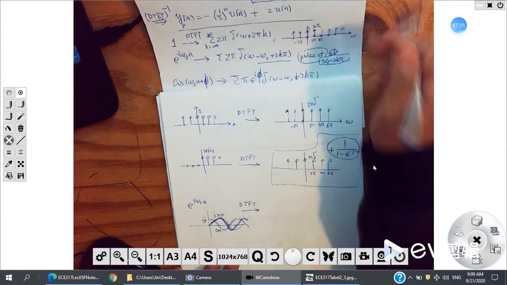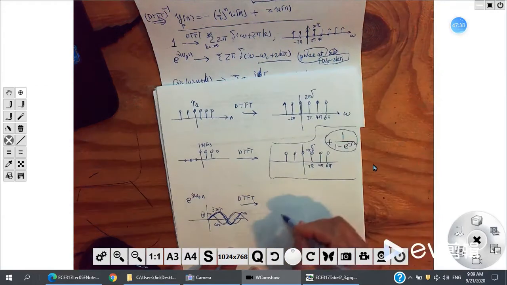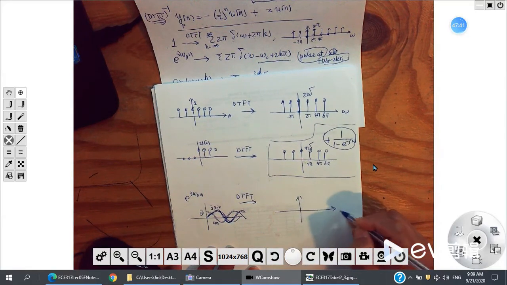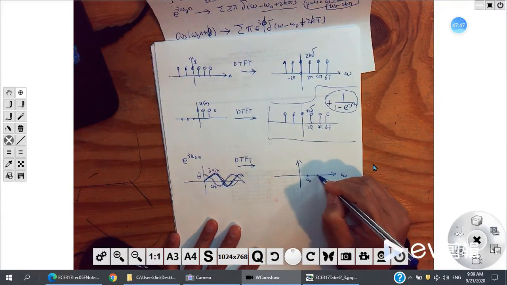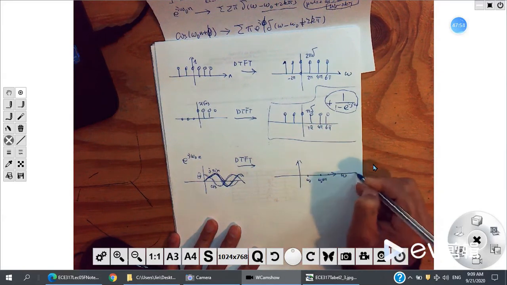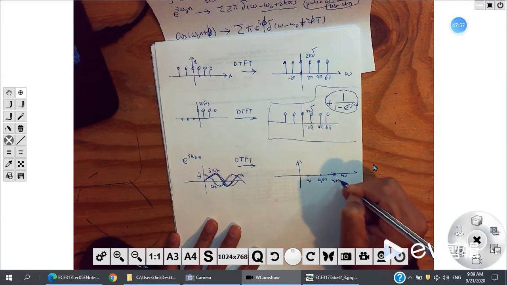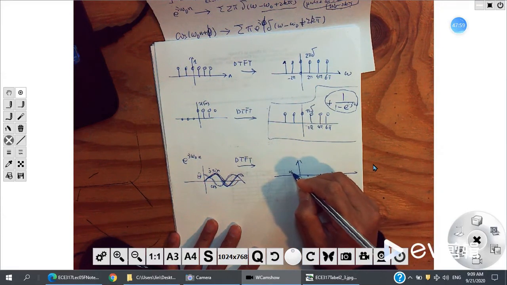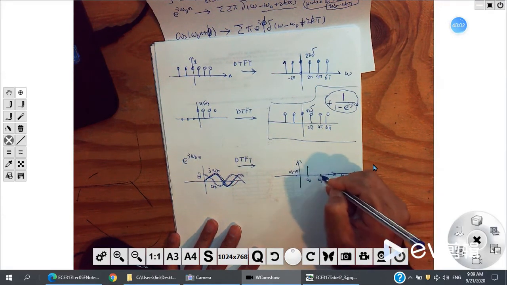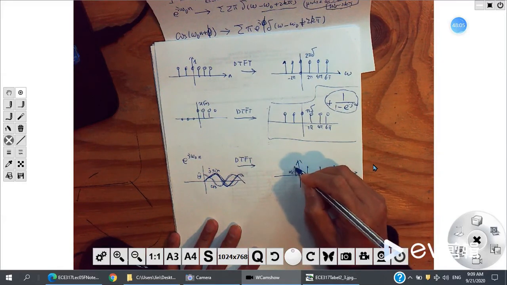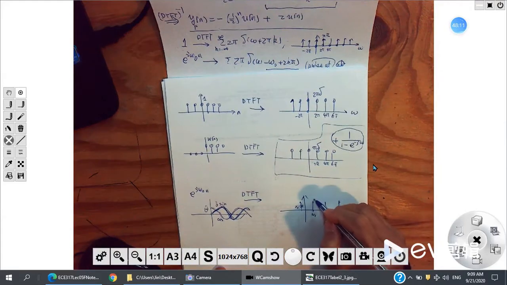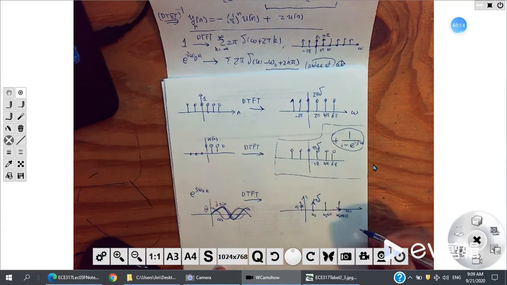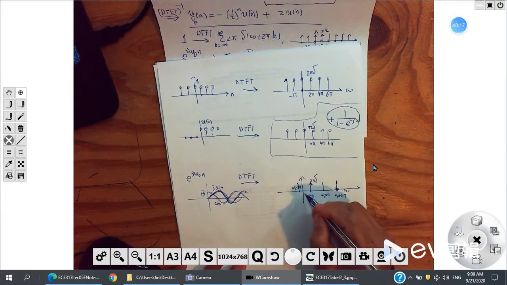So it is omega 0, then omega 0 plus 2 pi, omega 0 plus 4 pi, and omega 0 minus 2 pi, and the impulses. Each impulse is 2 pi, the unit impulse. So it is shifted by omega 0.